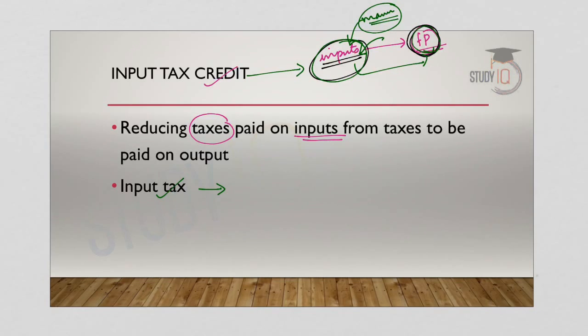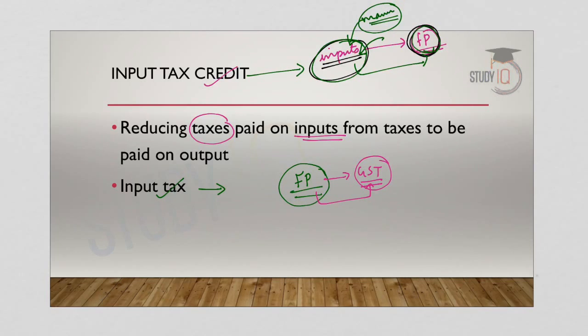Now what is meant by an input tax? Input tax means when a supply of services or goods happens to a taxable person, the GST charged is called an input tax. For example, let us take the manufacturer who produces the final produce. He must be registered with the GST, so his business comes under the GST regime.